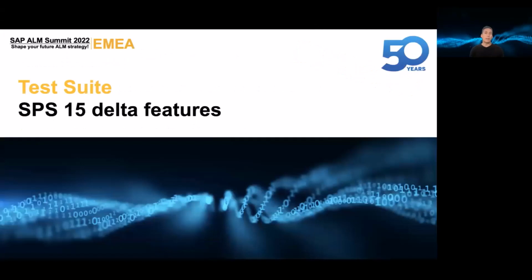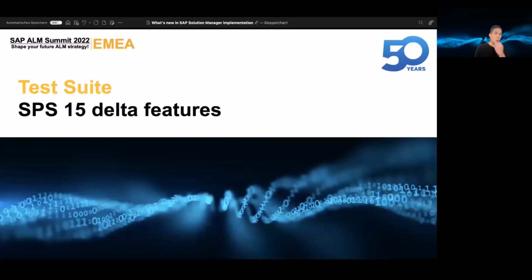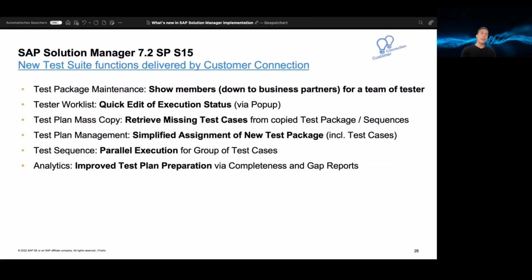Okay, that's about the process management, and now we are going into the test suite. First, we're starting with the SP15 information. I have made these bullet points a bit more specific, to understand what is really behind them.